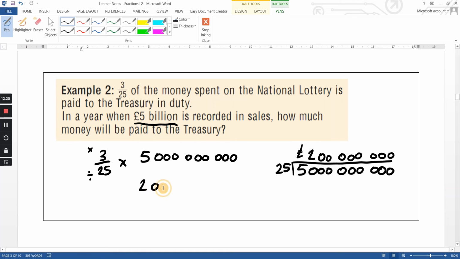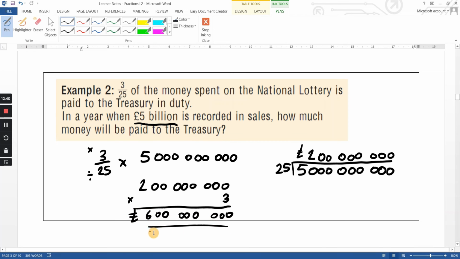Let's do it like this. Multiply by 3. 6, then all the zeros. Don't forget the pound sign. So it should be 600 million pounds.